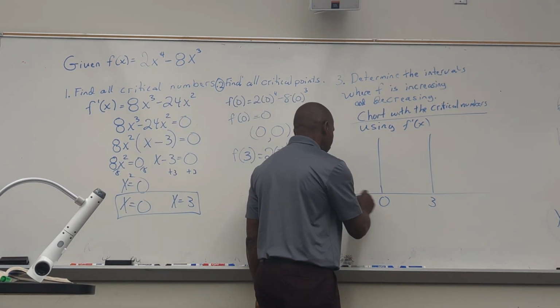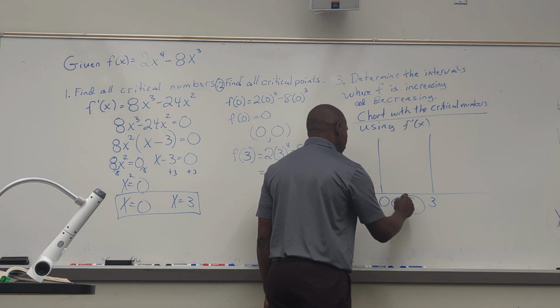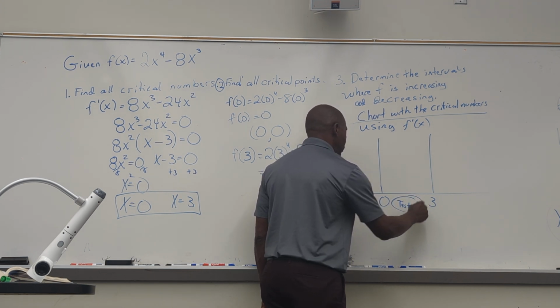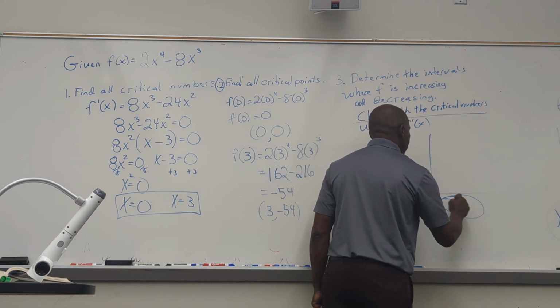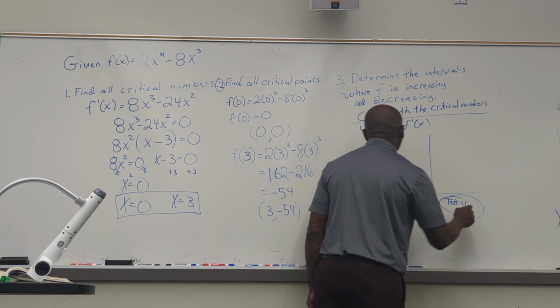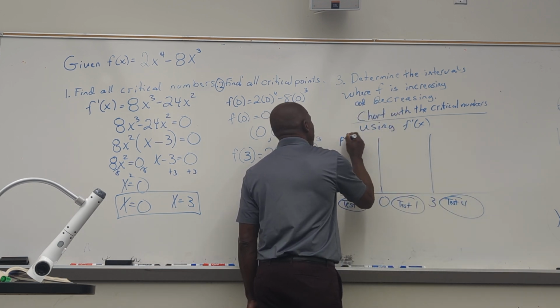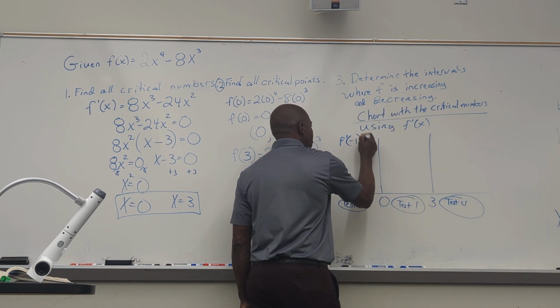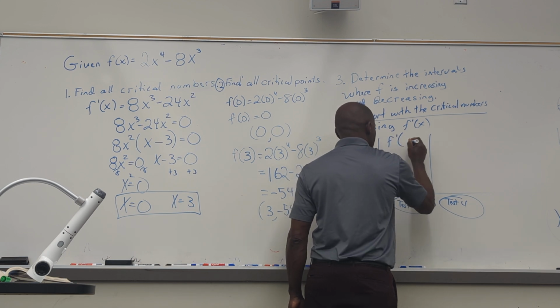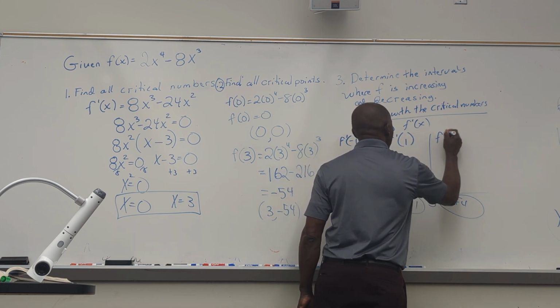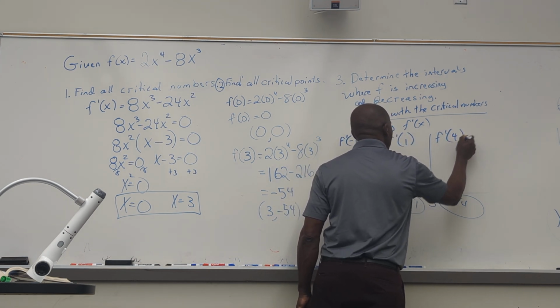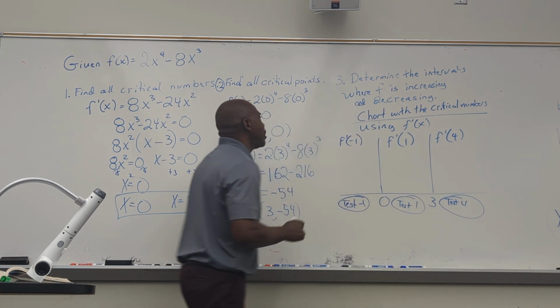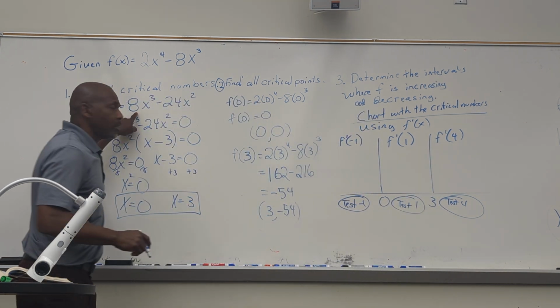Negative 1, what about here? 2. What about here? So we're going to find f prime of negative 1, f prime of 1, and we're going to find f prime of 4. Now remember, we're going to put this into the first what? Derivative. We good?